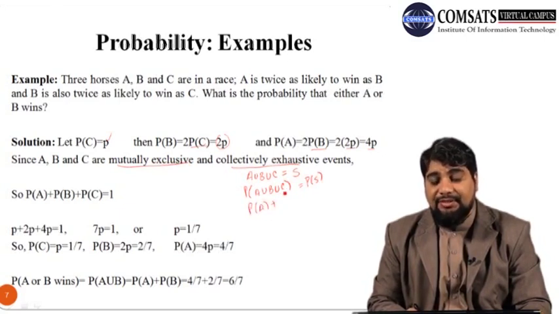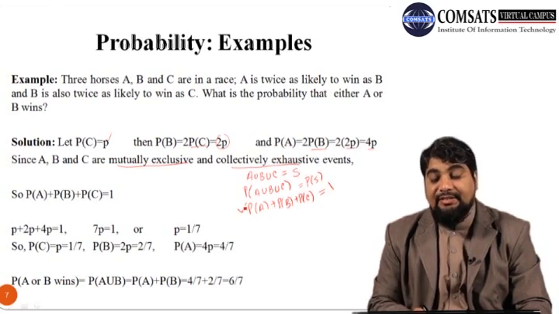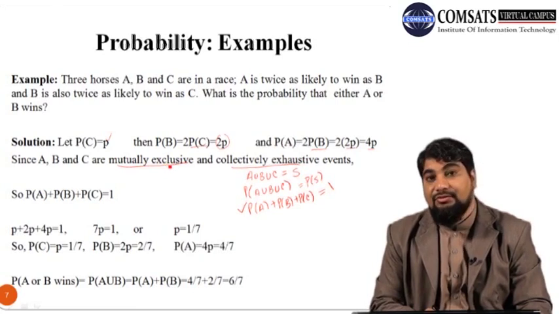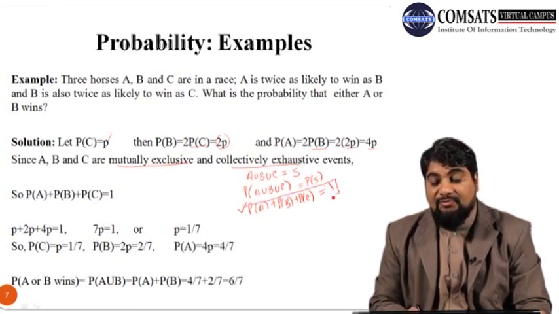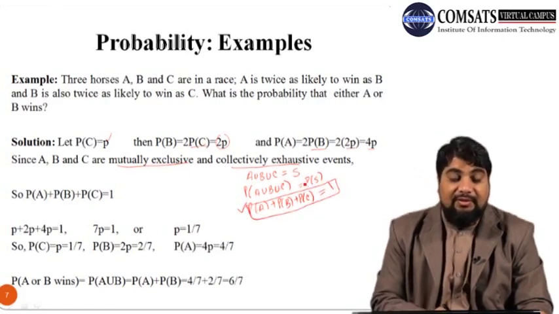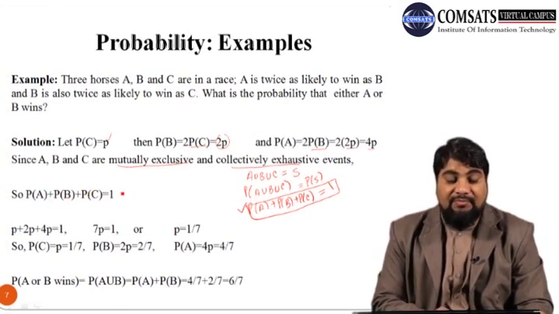So the probability of A union B union C will be probability of A plus probability of B plus probability of C, and probability of S is 1. So we will use the collectively exhaustive events as well as the mutually exclusive events. Using these two results, the sum of probabilities of these three events is equal to 1. So probability of A plus B plus C is 1.